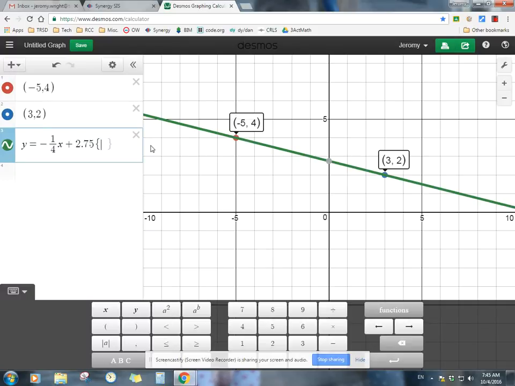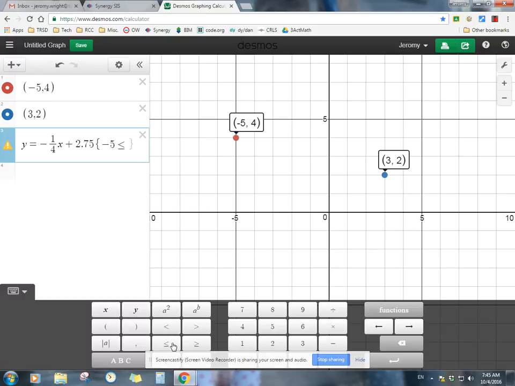my left wall is going to be at negative 5. So I'll put the negative 5, and notice that was the x coordinate of the left dot, the red dot. I'll put in an inequality here and then put x. The domain deals with the x inputs, or the x values of this function or graph. So what I've got right here, I'm saying that x is greater than or equal to negative 5.